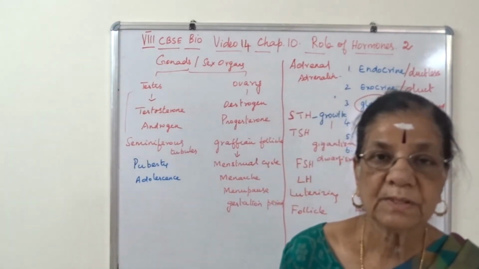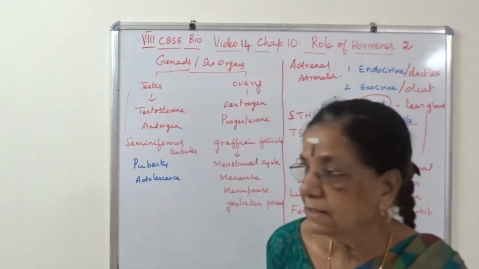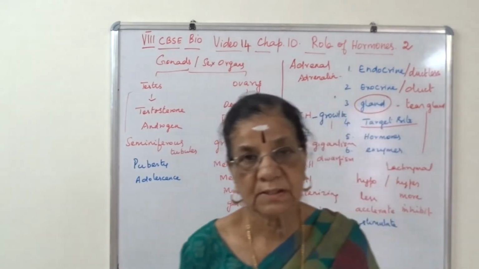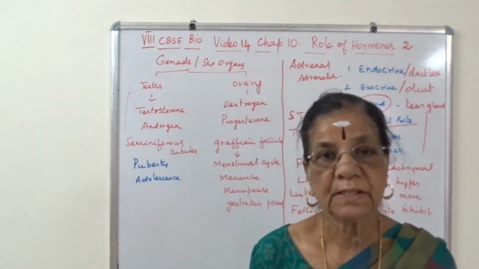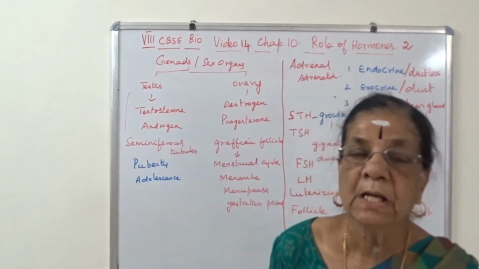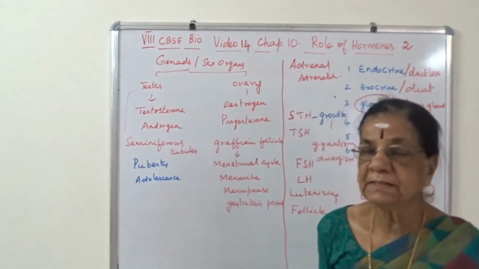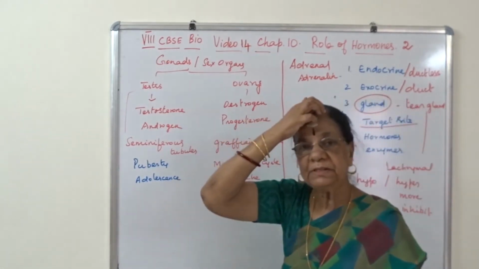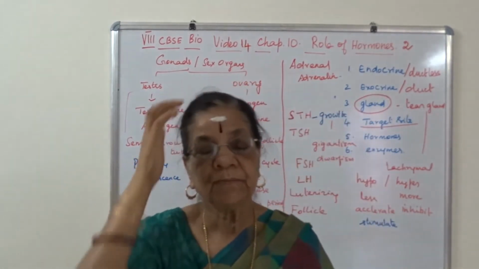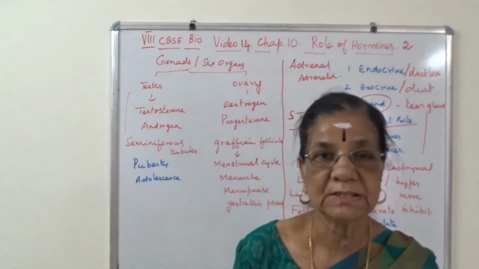From there till the age of 12 to 14, the development of seminiferous tubules along with the reproductive organs of the male will develop. Now when it starts functioning, that is the condition puberty or adolescence. Puberty is maturity, or the person is reaching the age of adolescence.